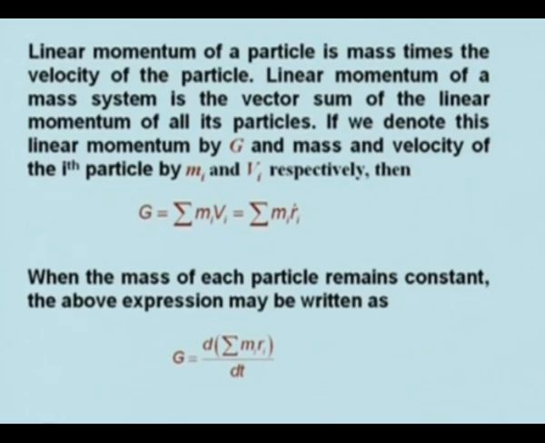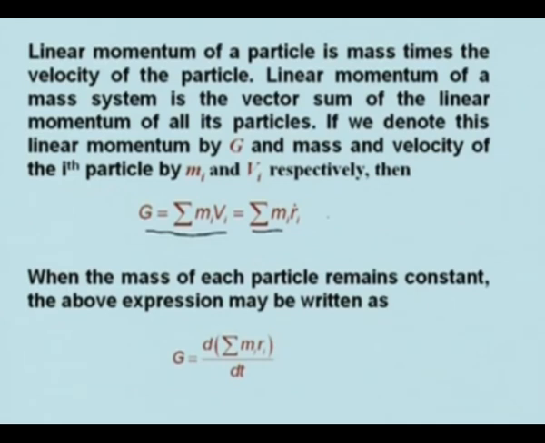If we denote the linear momentum by G, and mass and velocity of the ith particle by mi and vi respectively, then G is equal to sigma mi vi. We get this for a system of particles, and this is equal to sigma mi ri dot, where ri is the position vector of the particle.